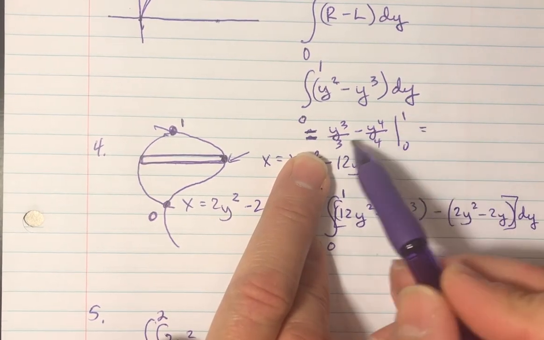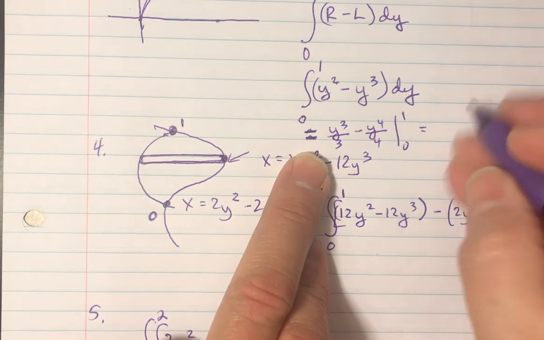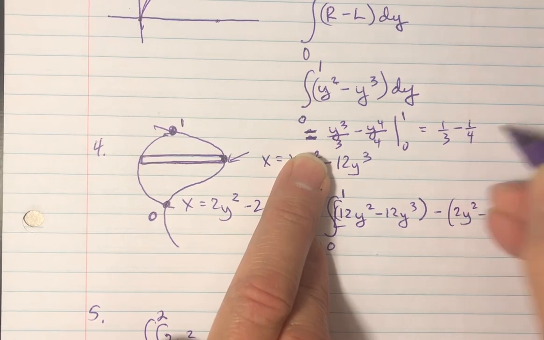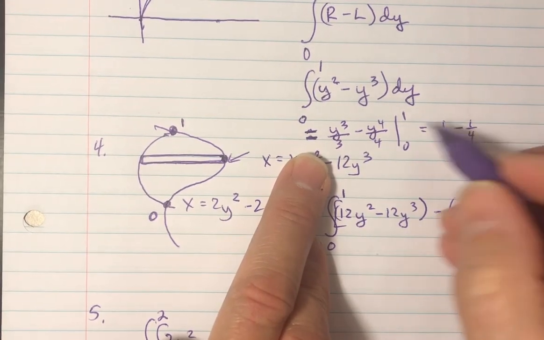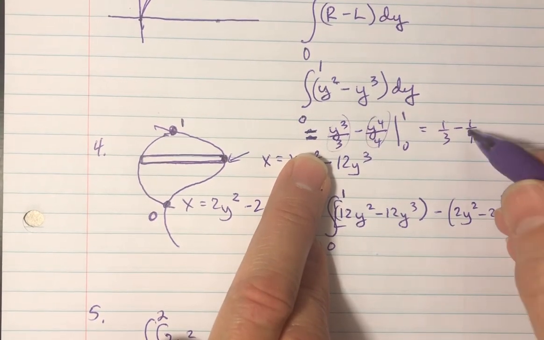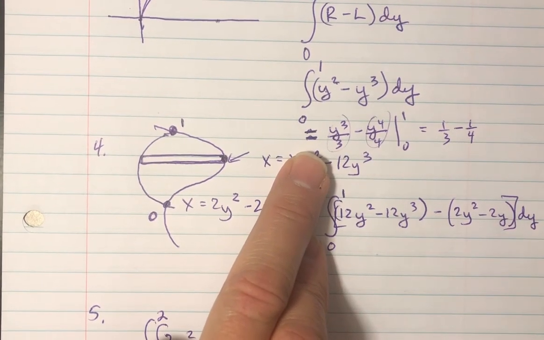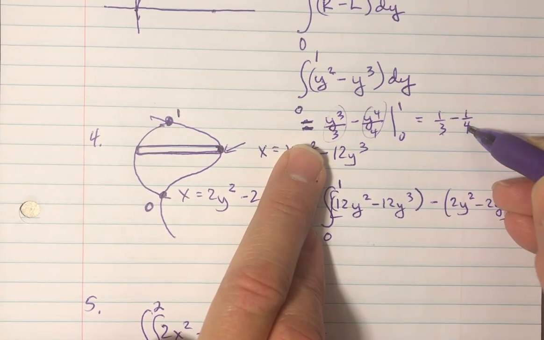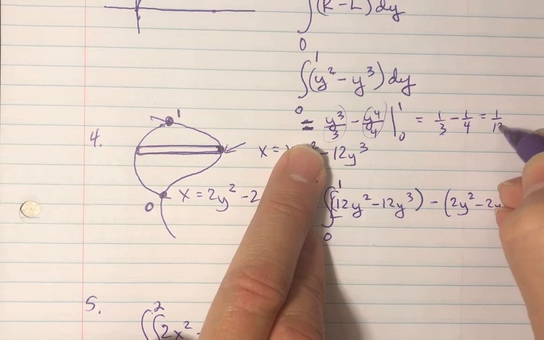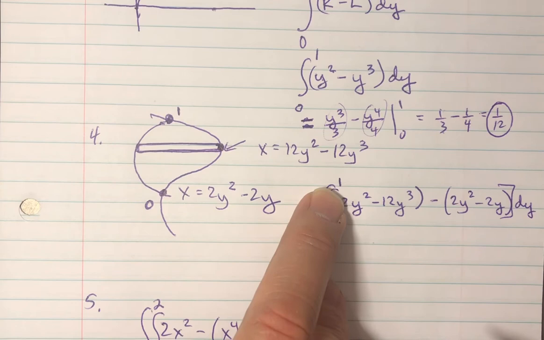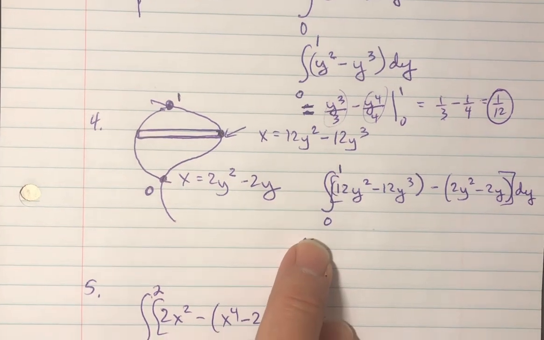Now, if I plug in 1 here, I'll get 1/3 minus 1/4. And then when you plug in the 0, this is 0 and this is 0. So we get 1/3 minus 1/4, which would be 4/12 minus 3/12 would give us 1/12. Now, if you did that on a calculator, then you would get the equivalent there.